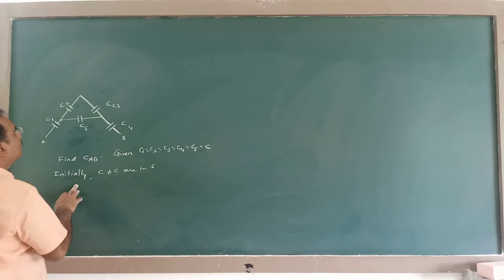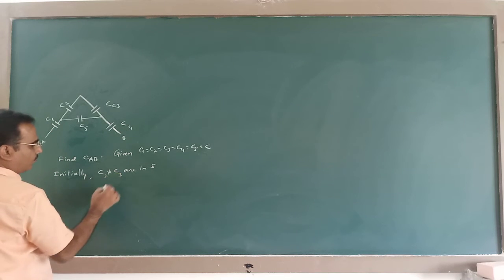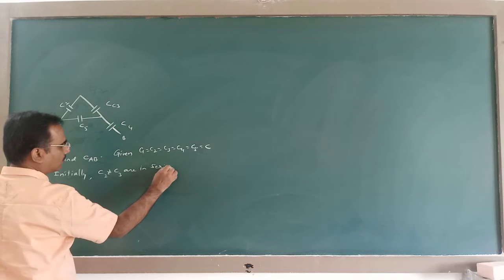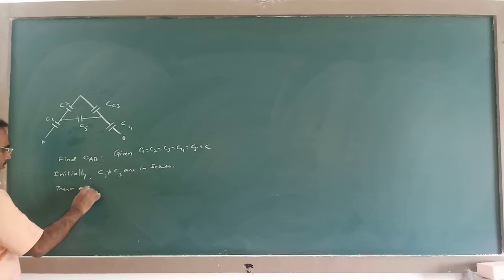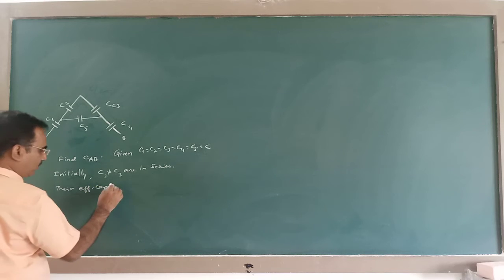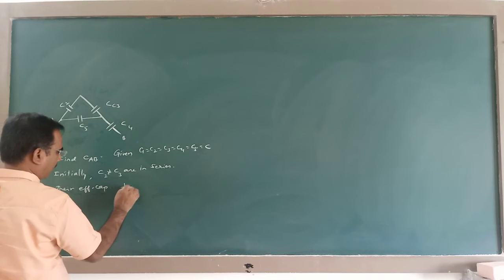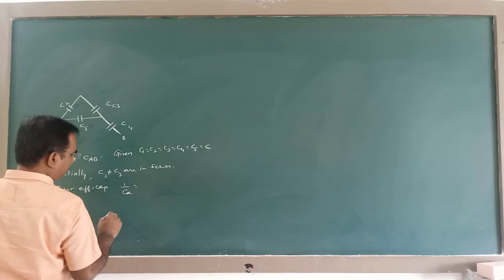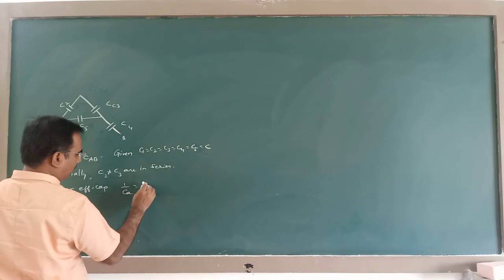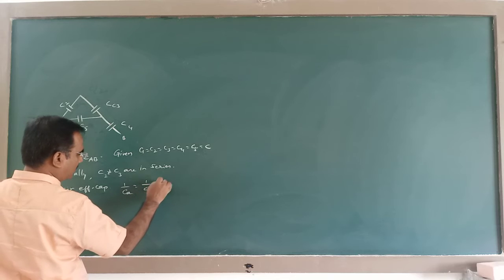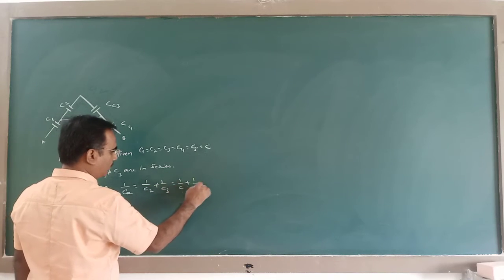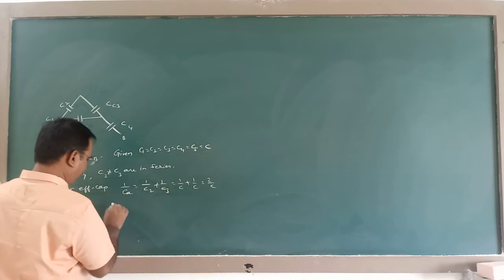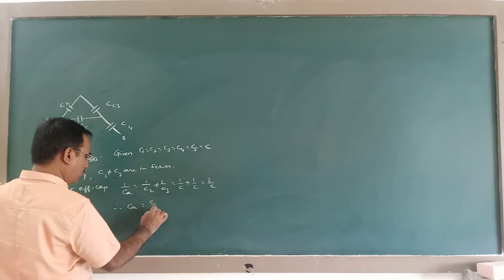So initially now C2, C3 are in series. Their effective capacitance 1 by CA is equal to 1 by C2 plus 1 by C3. So 1 by C plus 1 by C, it is 2 by C. Therefore, CA is equal to C by 2.